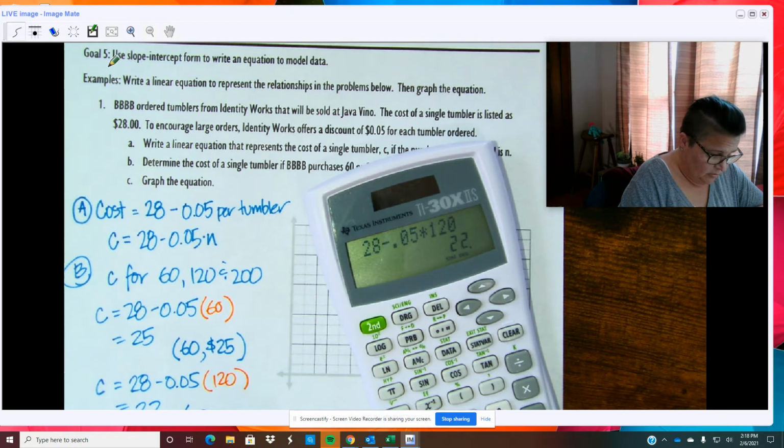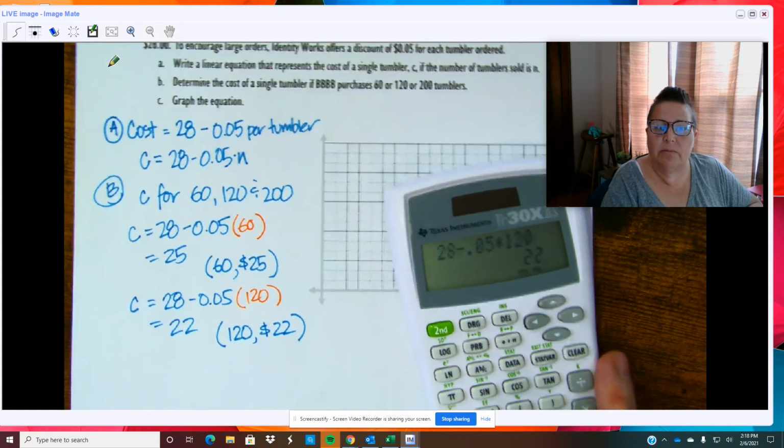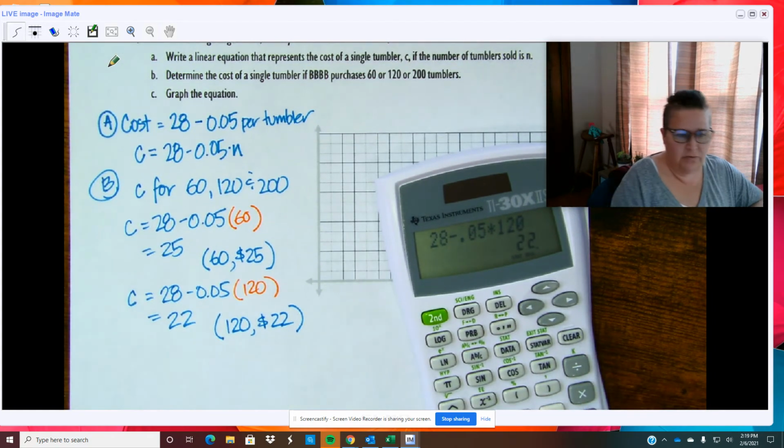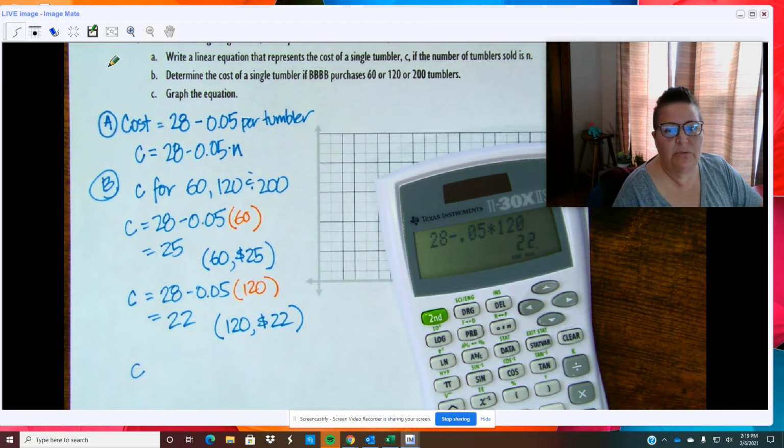So if they bought 120 tumblers, then they would be $22 each, which makes sense, right? That's the way most things work. The more you buy, the less you have to pay. That's why LTD and some of those bulk purchasing places do so well.